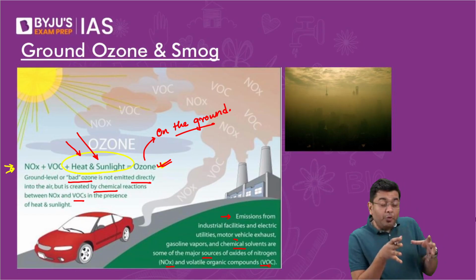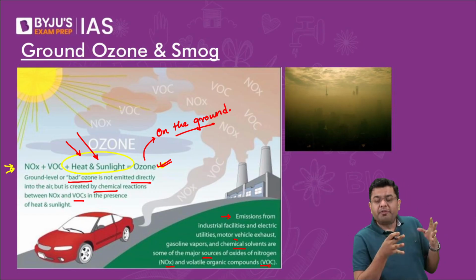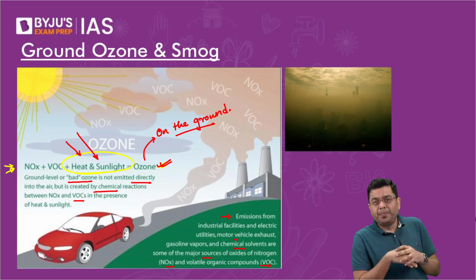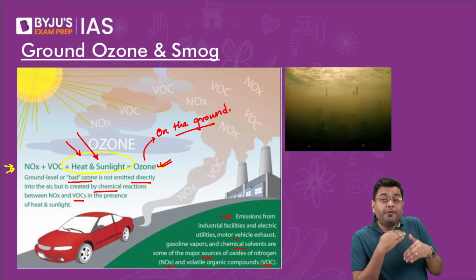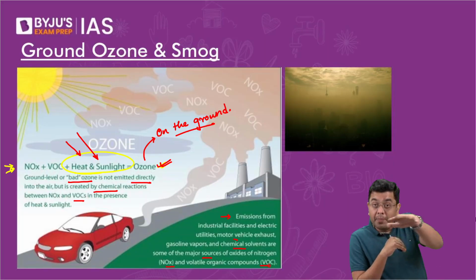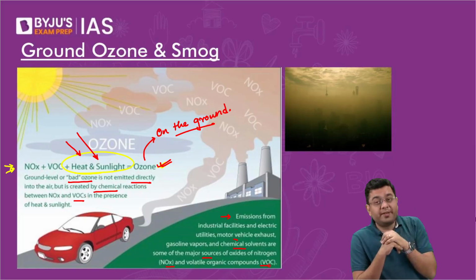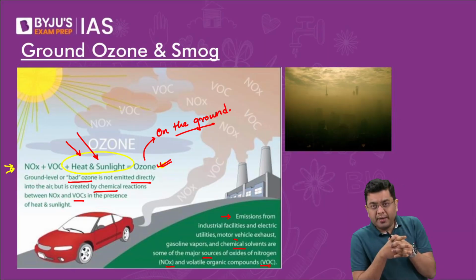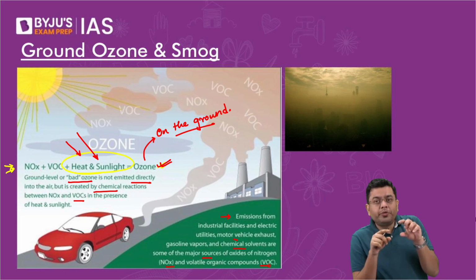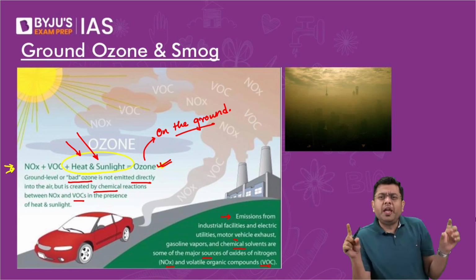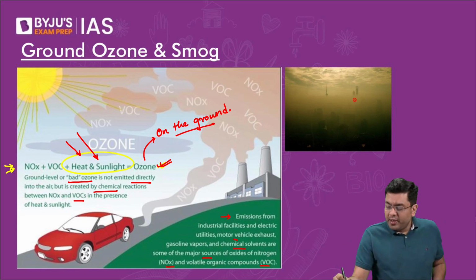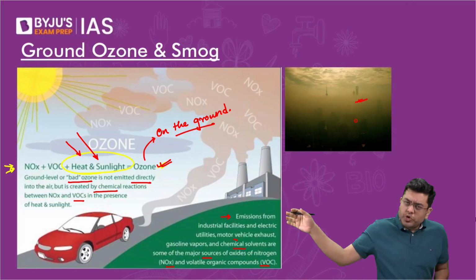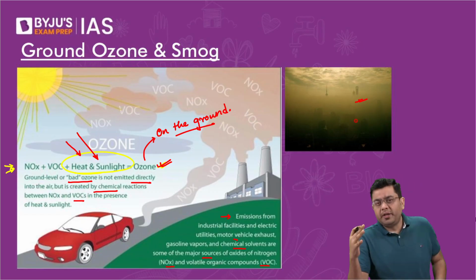But if this ground level ozone is produced in significant quantity, and if it stays there, it can fuel further reactions with the unburnt hydrocarbons from the exhaust, etc. Those reactions produce a kind of brownish haze over the cities, something which almost all the Indian cities are now associated with.